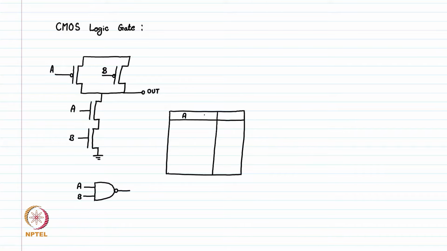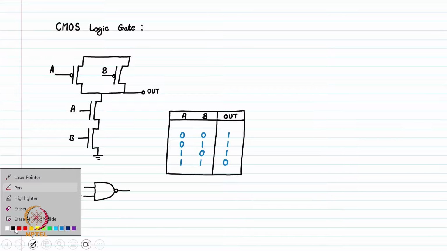We have here input A, this is input B, and then we have output. So, for each combination of 0 0, 0 1, 1 0, 1 1, we have 1 1 1, and this is 0. So, this is the truth table for NAND gate.